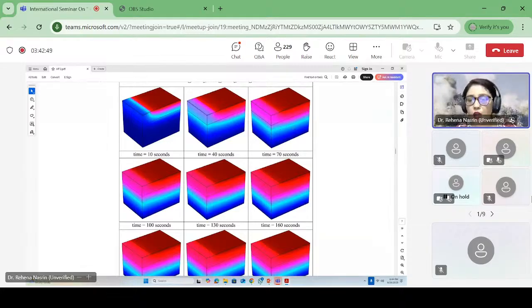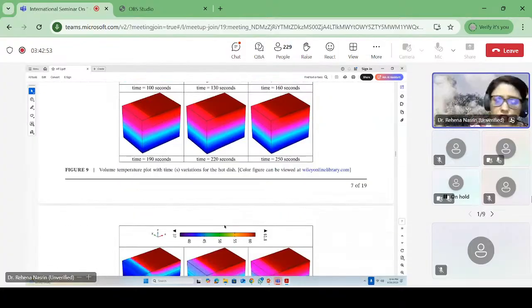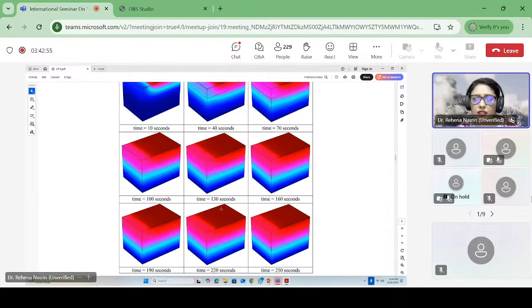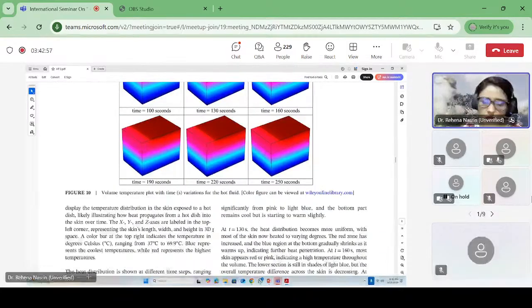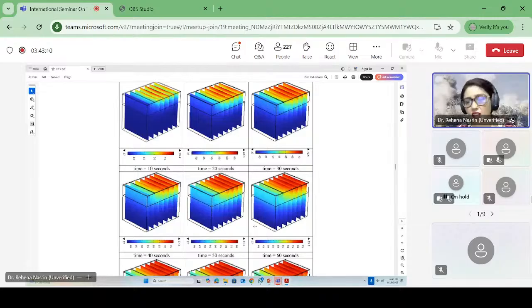So this part also becomes hot. We can tolerate up to 45 degrees, but more than 45 degrees, that is 50 or 55 degrees, our skin can't tolerate it. So our skin becomes burned.